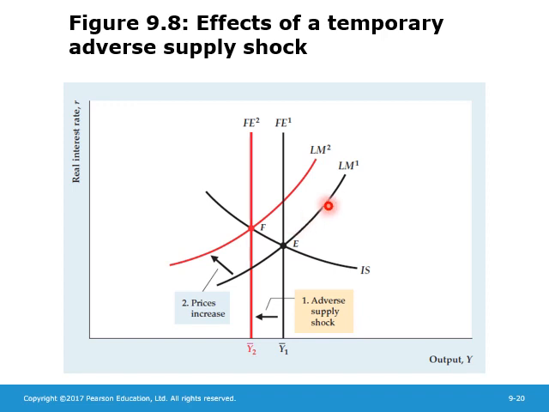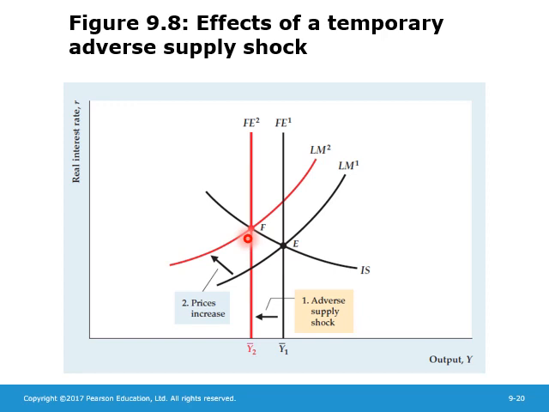So how to get to the equilibrium point? The LM1 has to shift up and to the left in order to have one equilibrium point intersection at F. This is the intersection point that will give me the new general equilibrium point.